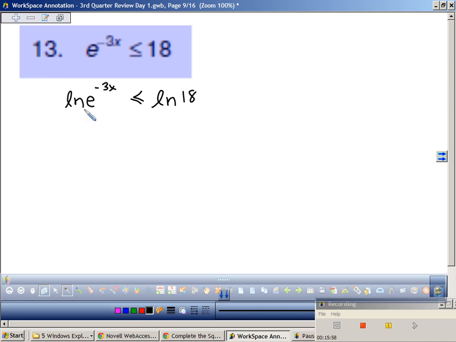This cancels out because ln has an imaginary e right there, right? So that cancels out. And we're left with negative 3x is less than or equal to ln 18. Then you just have to divide both sides by negative 3. And you get x is less than or equal to, let's see what I have here.